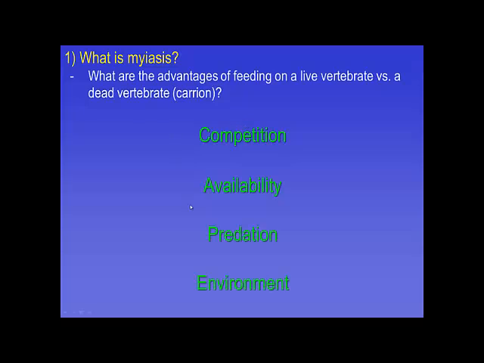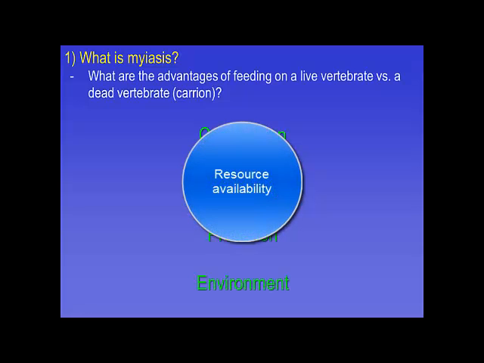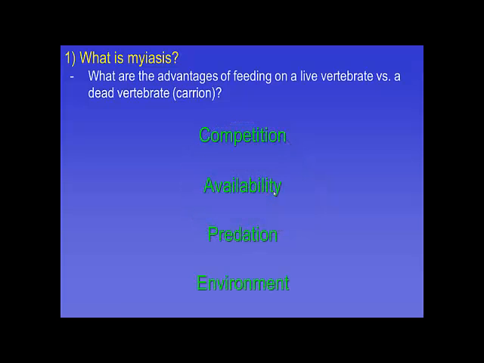Well, now let's talk about availability, and again, thinking in terms of resource availability. Finding a dead animal, I should say, is a rather unpredictable event. Dead animals can die just about anywhere or anytime. It's not very predictable.